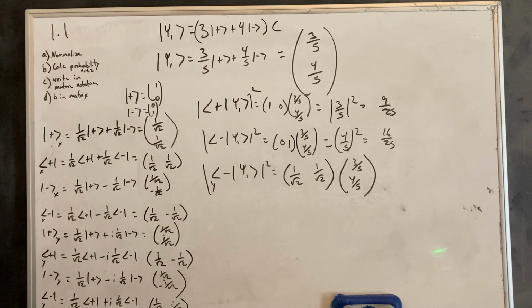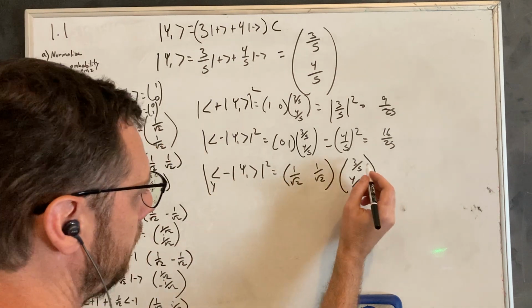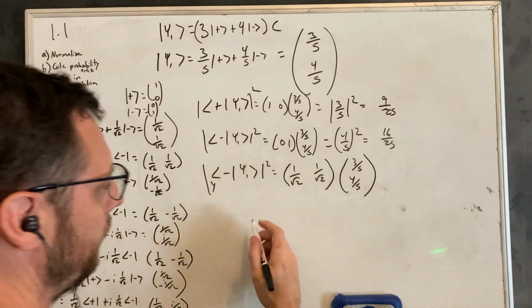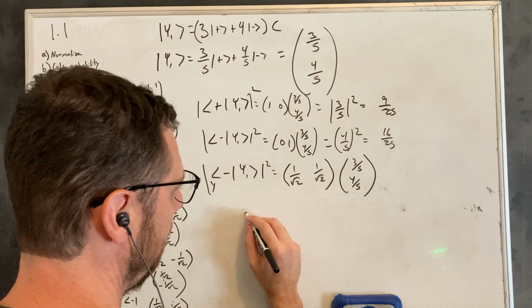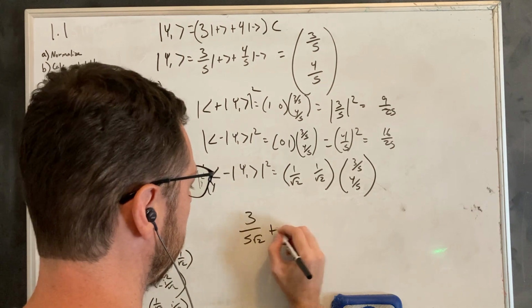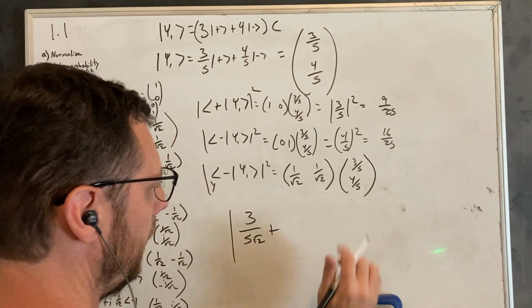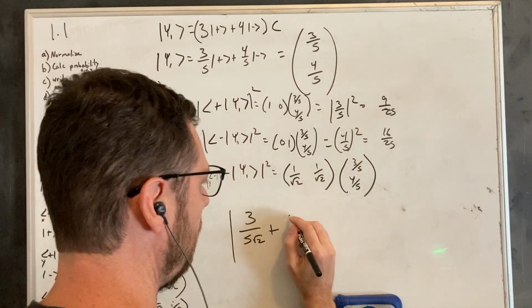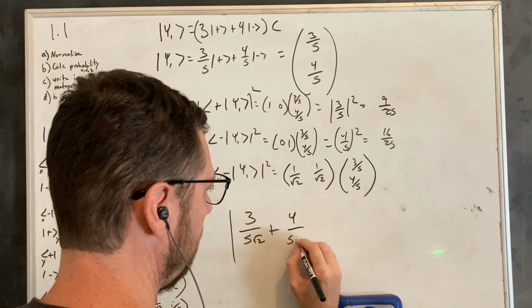So then we would get 3/5 times 1 over root 2 is going to be 3 over 5 root 2 plus, again, we're going to be squaring this, 4 over 5 root 2.